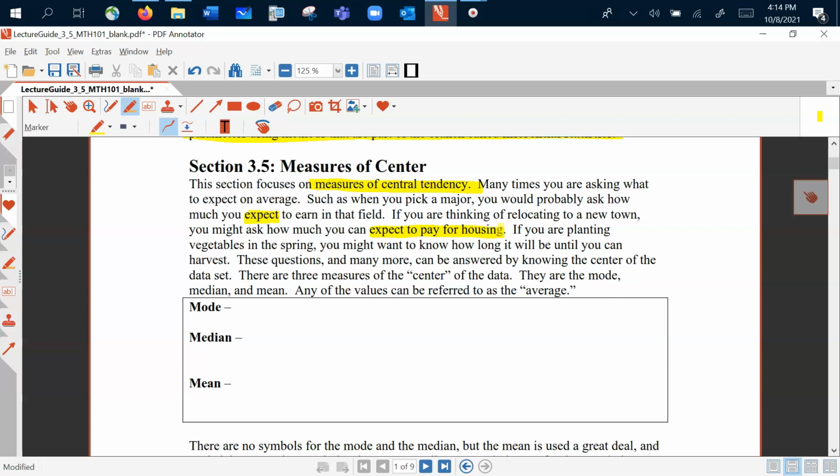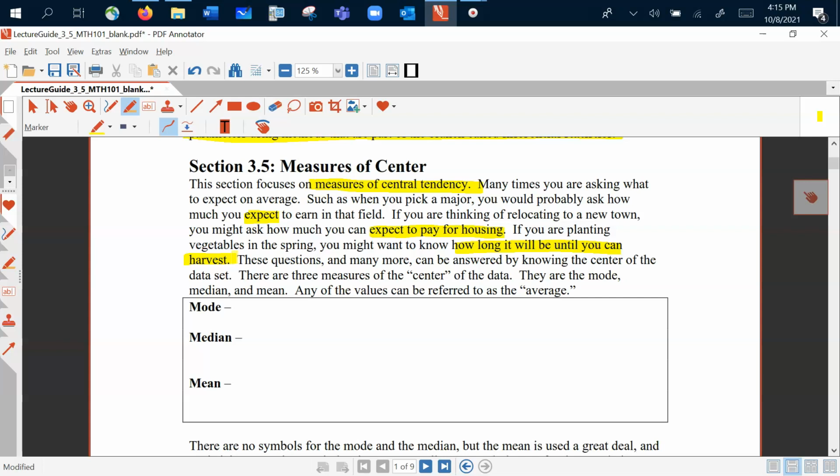Or let's say maybe you're a farmer and you're planting vegetables in the spring. You might ask yourself, how long will it take until you can harvest? So, basically, how long should you expect it to take before you can harvest? These are all questions where you want to get a good handle on what the average value is in these different contexts.